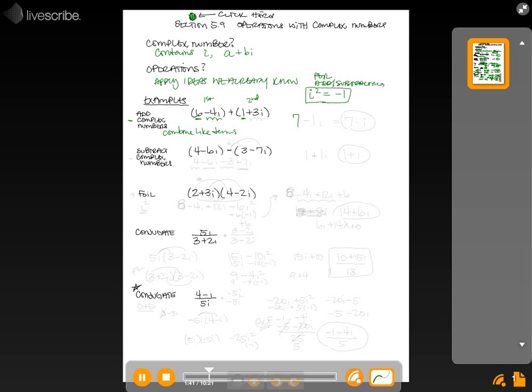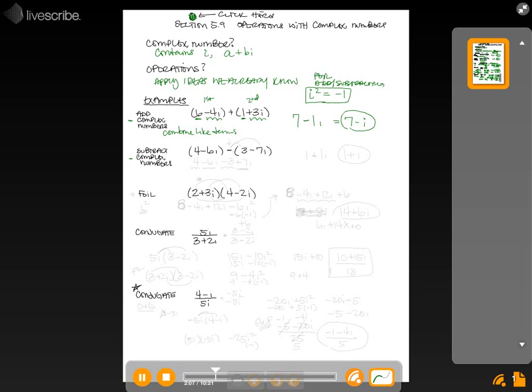I have -4i plus 3i. That gives me a -1i. So there's my answer. 7 minus 1i. And I could write that 7 minus i. There's no real reason to write the 1 unless you just want to see it there. But that's all we're doing. We're just combining like terms. Something we've done before.